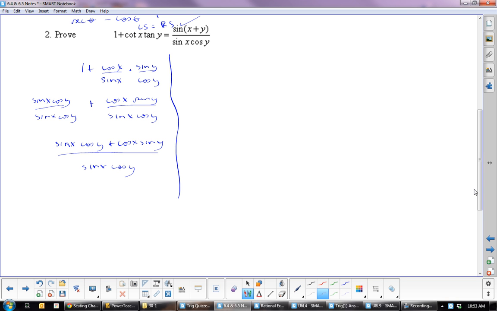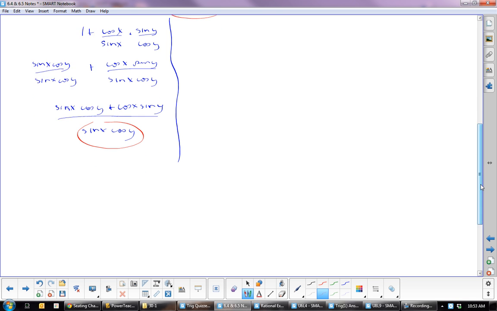Are you seeing that this is an addition and subtraction identity? So this is the same thing as sine of x plus y over sine x cos y. Left side equals right side.